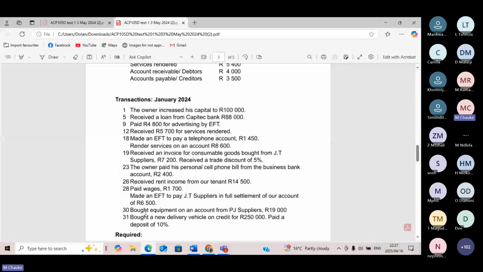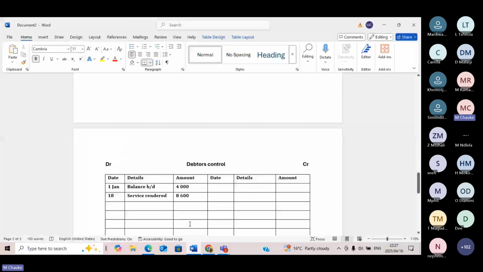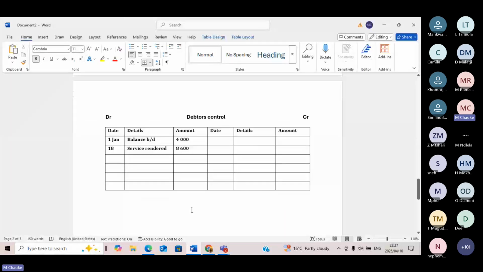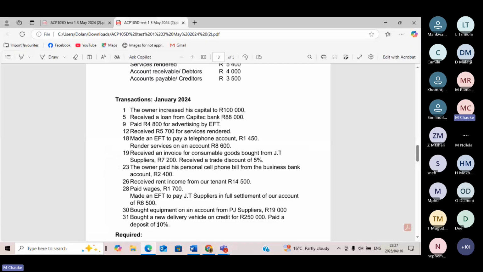So in this case, that means you've got two accounts affected: consumable goods, and creditors, because remember, when you receive an invoice, it means you bought goods on credit.